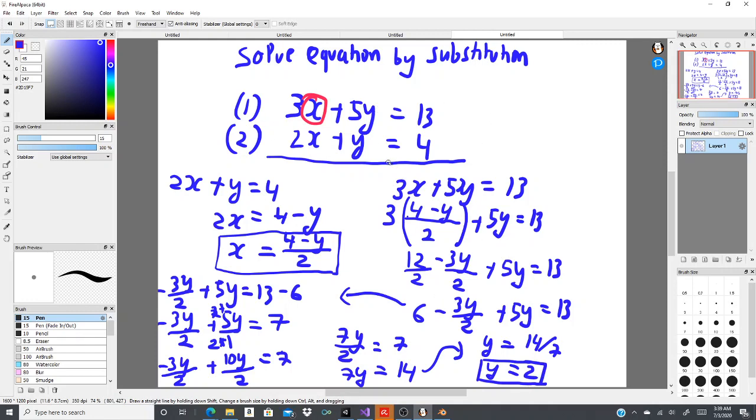Now for verification, what we will do is replace 2 for y here.